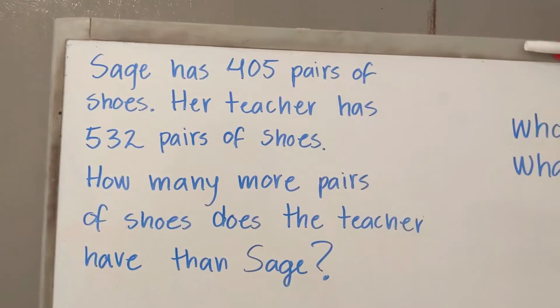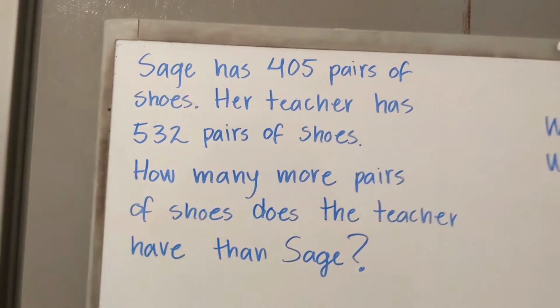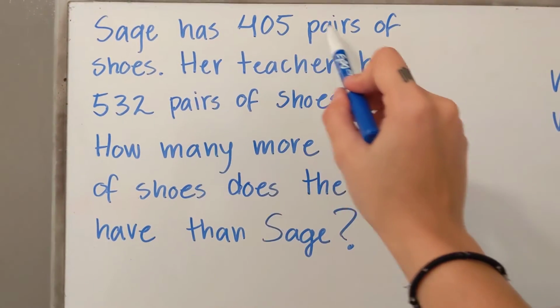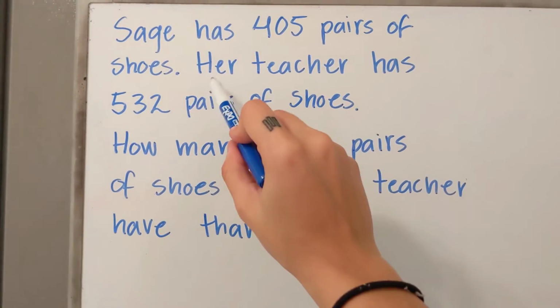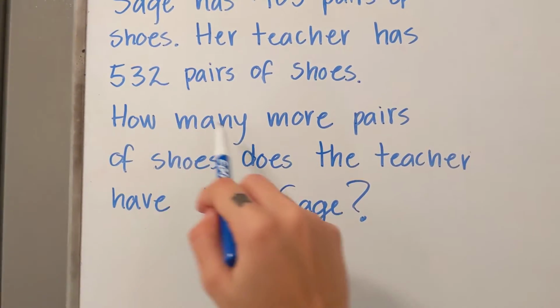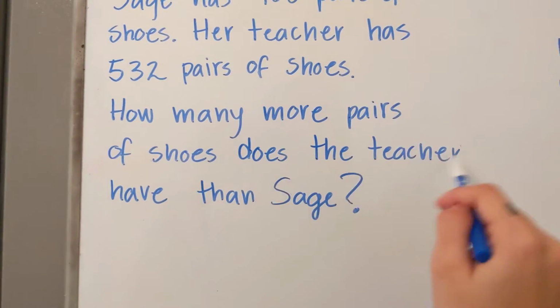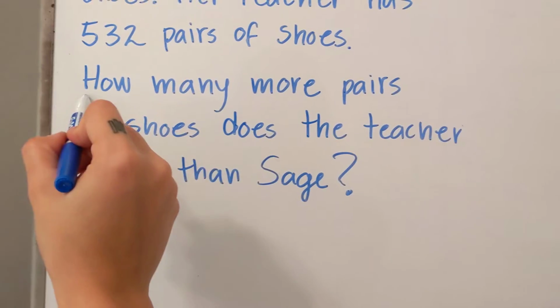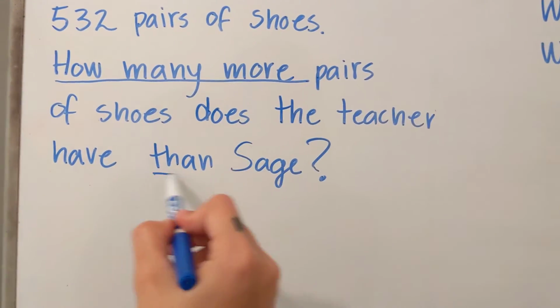Okay, so this is an example of the word problem we are going to do. And it says, Sage has 405 pairs of shoes. Her teacher has 532 pairs of shoes. How many more pairs of shoes does the teacher have than Sage? Now, the key here is how many more than.